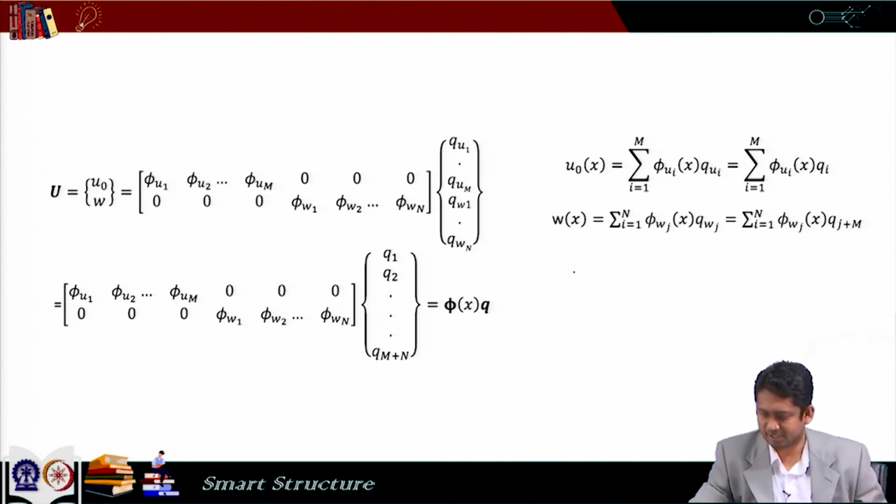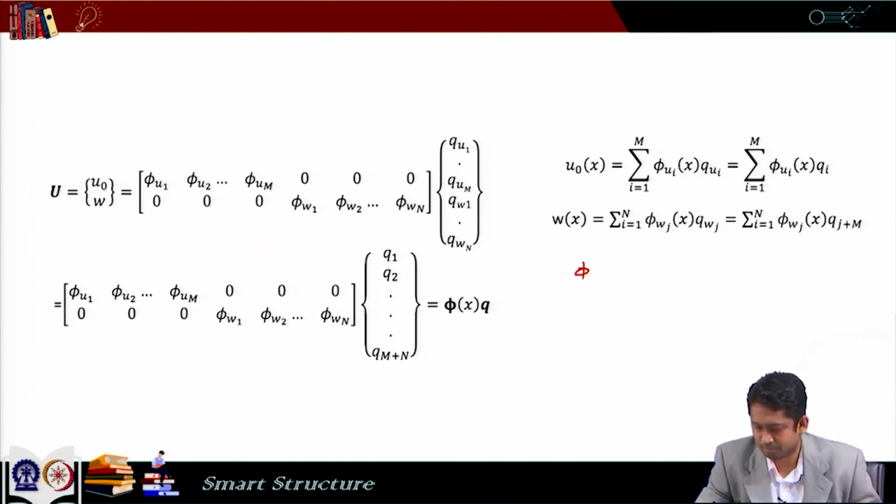So, let us apply the technique again, let us assume that we have u 0 as this. So, u 0 is written as a combination of this product, and within this product we have phi and q.